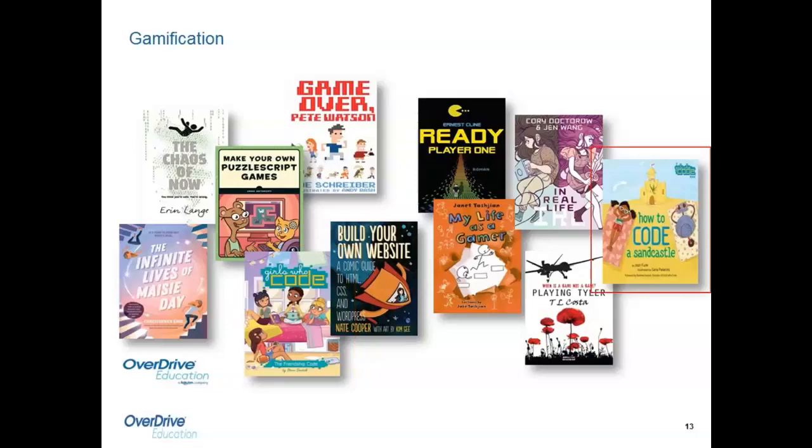It's really cute. The drawings are really adorable, and it does a really good job of outlining the basics of coding. So this is a great starting point for any projects or programs on beginning programming for those younger readers.